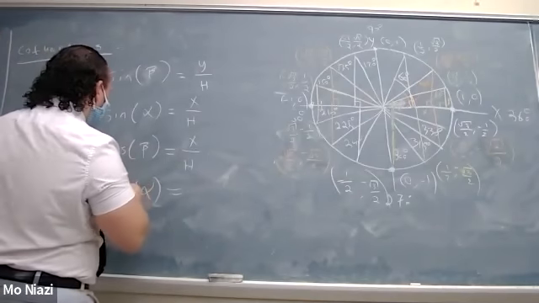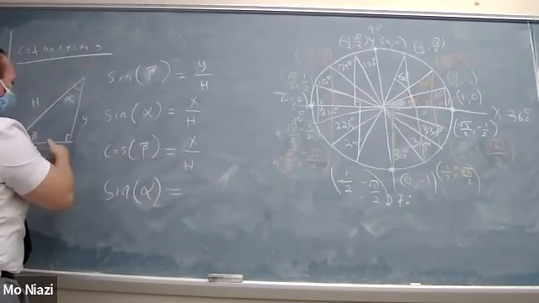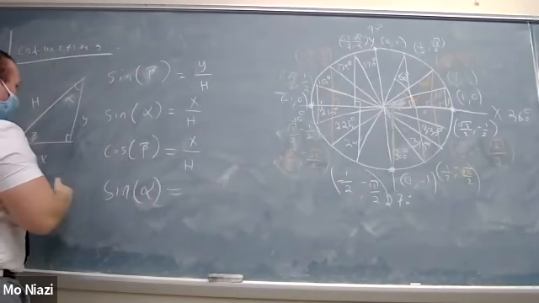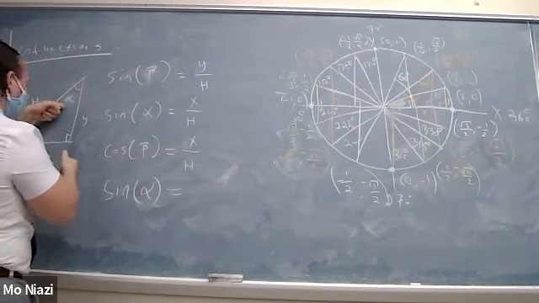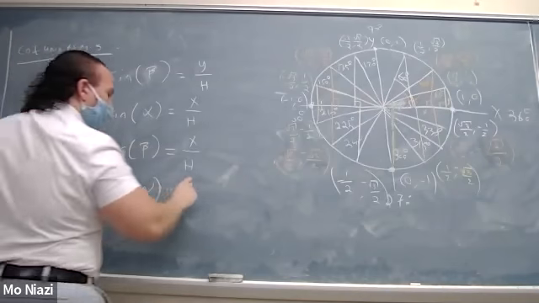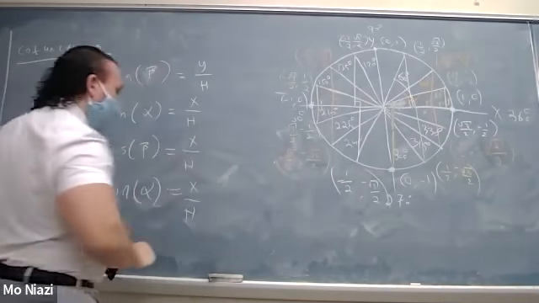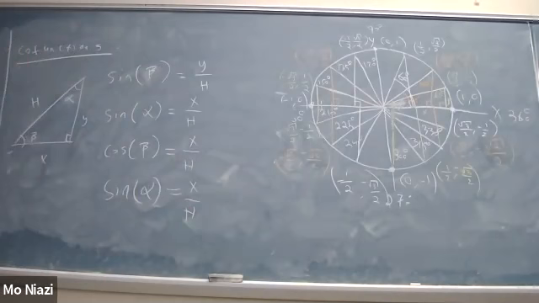Cosine of beta, adjacent over hypotenuse, that's right. Something seems off here. Sine of beta is opposite over h.